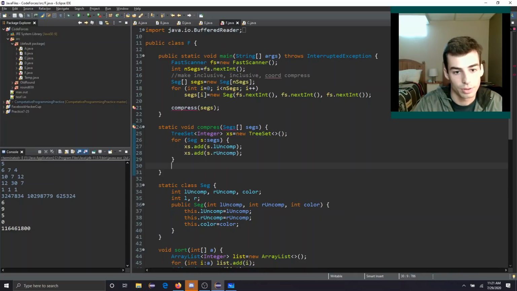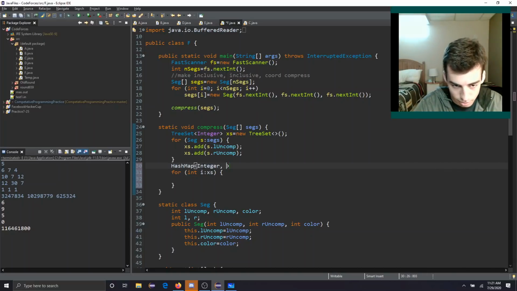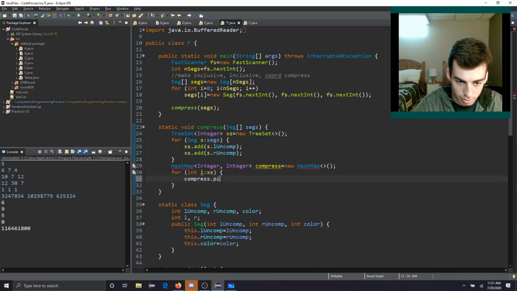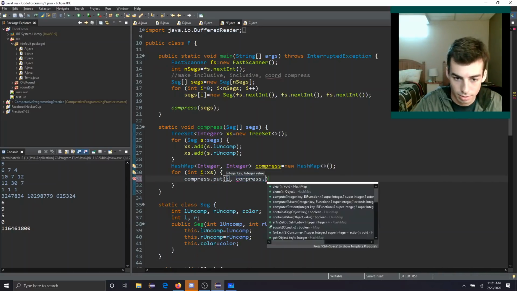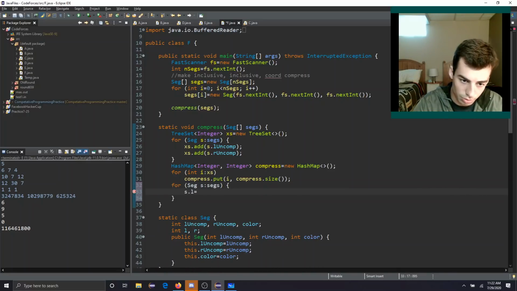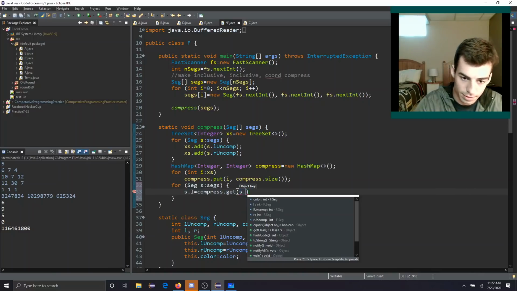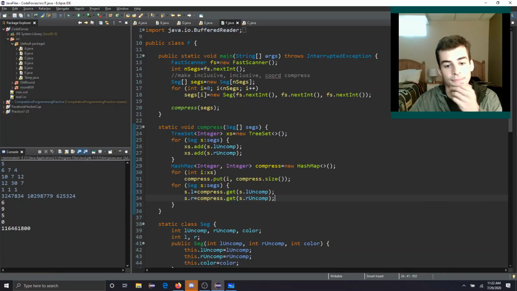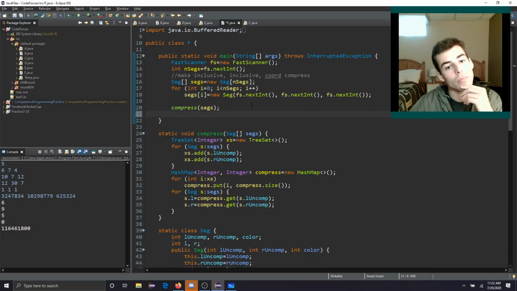So at the right uncompressed point, and now for int I, this is hash map integer compressed new hash map, compress dot put I to compress dot size, for seg s and segs s.l equals compressed at get the uncompressed left. Same thing with the right. Good.